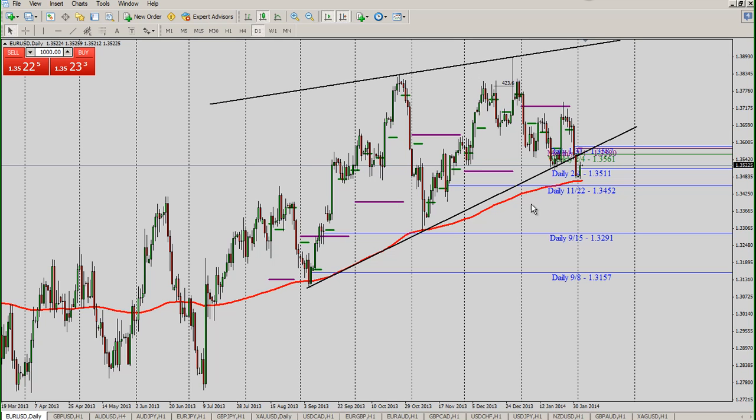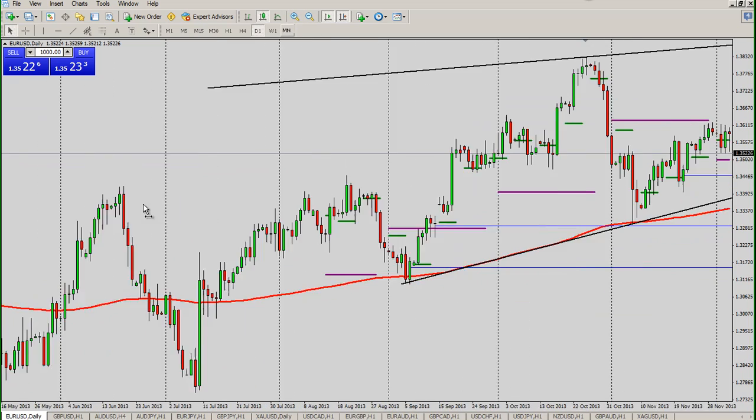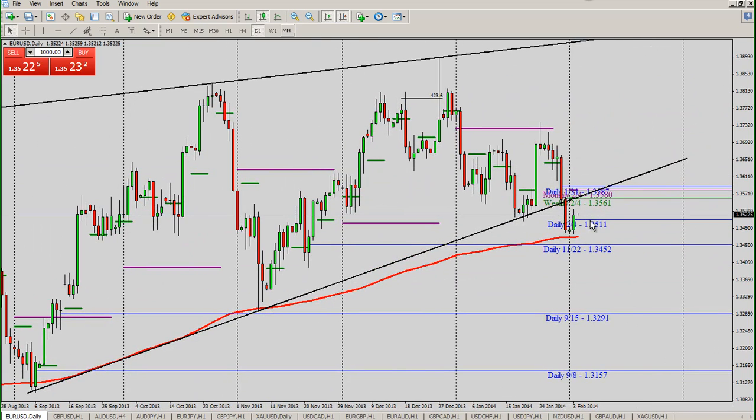So if that's the case, we're definitely going to have some pretty big support at this 200 moving average, which is just a little bit above 134.50. We bottomed out about 134.75.